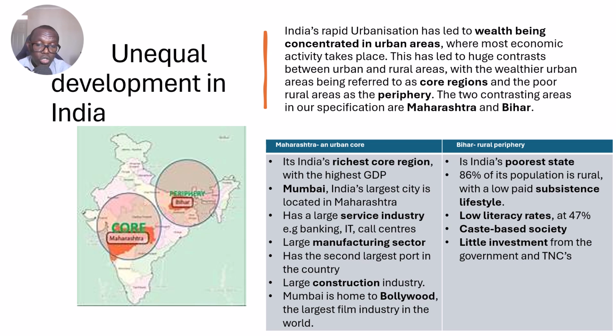And this has led to huge contrasts between urban and rural areas, with the wealthy areas being referred to as the urban cores and the rural areas being referred to as the rural periphery. Now, the two contrasting areas that we'll be discussing today, as you can see on the map, are Maharashtra, which is the urban core, and Bihar, which is the rural periphery.